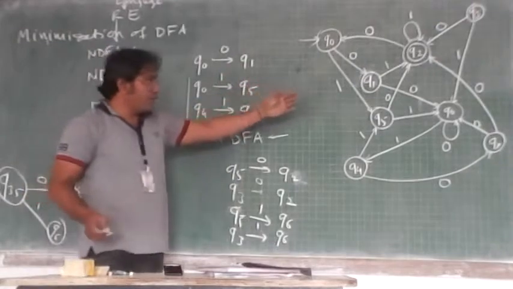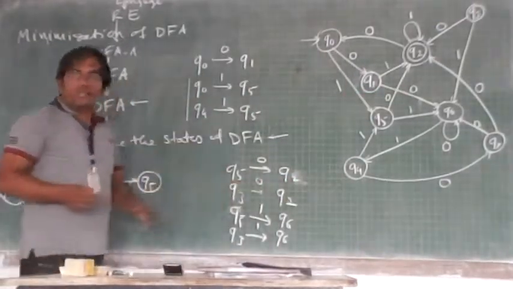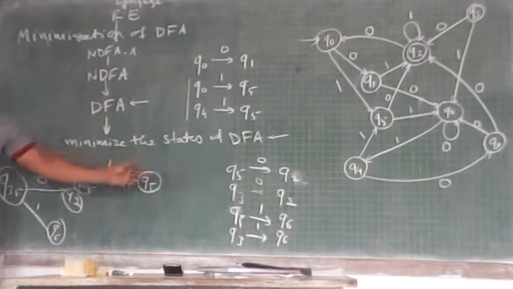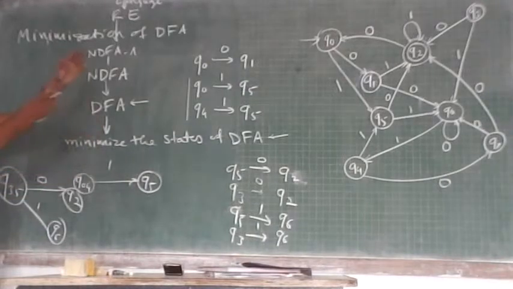If you look at other pairs of states, you will find this kind of property, and you can remove some of the states and have an automaton with the minimum number of states.